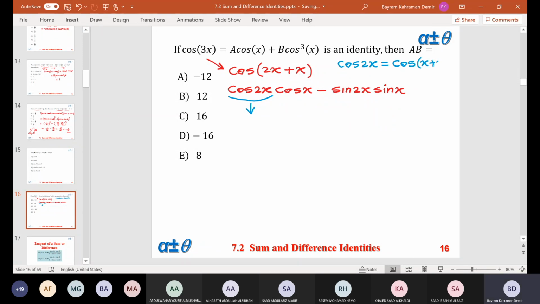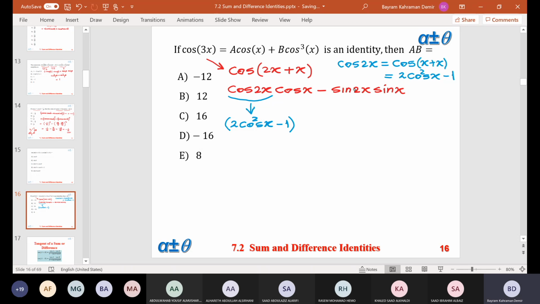After you use the cosine formula just like this, you will change everything into cosine, so you will get 2 times cosine square x minus 1. I'm just going to leave those steps for you. 2 cosine square x minus 1.